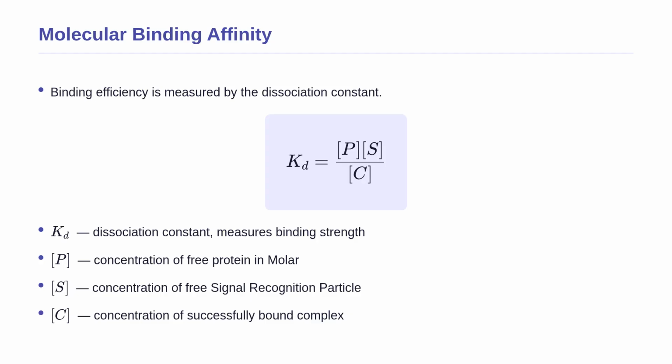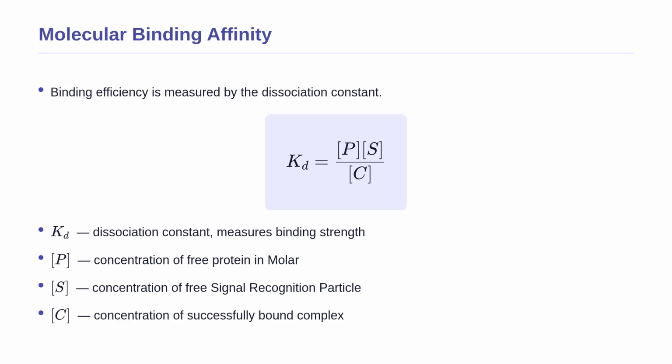Now that we understand what the signal recognition particle does, let us look at the mathematics of how tightly it holds on to its target. This formula calculates the dissociation constant, Kd. Conceptually, it measures the binding strength between the protein and the particle. P represents the concentration of the free protein, and S is the free signal recognition particle.